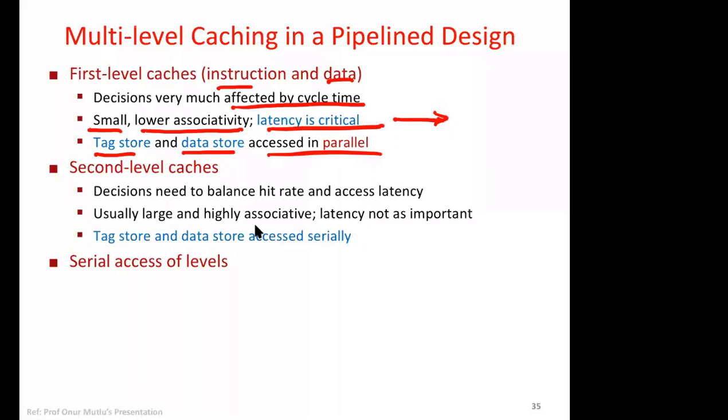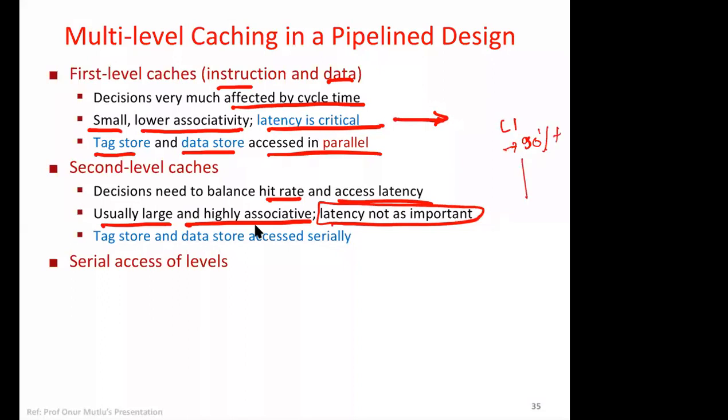Second level caches are not so dependent on fast speed. We have to balance between hit rate and access latency. These are large and highly associative. Latency is not that important, because the L1 cache hit ratio is usually 90% or 95% plus, so only the misses go to L2. Now we want to reduce further misses, so we are not focused so much on increasing the speed.